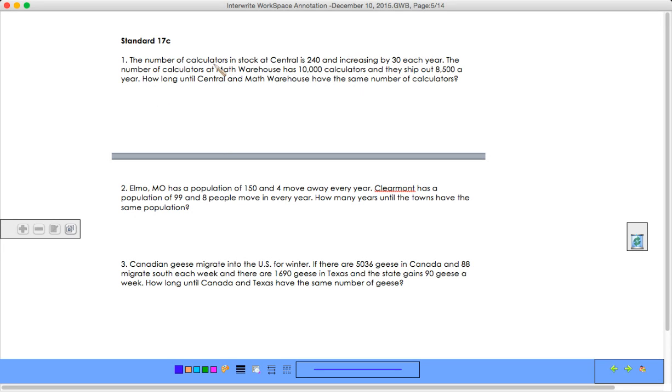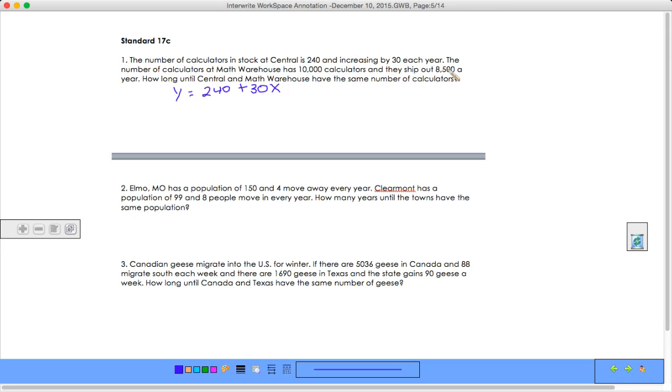So it says the number of calculators in stock at Central are 240 and increasing by 30 each year. So stopping right there, I have the number of calculators is equal to 240 plus, it's increasing, it's going up, 30, and I know what it says each year, that's where my variable is. That's my rate of change.